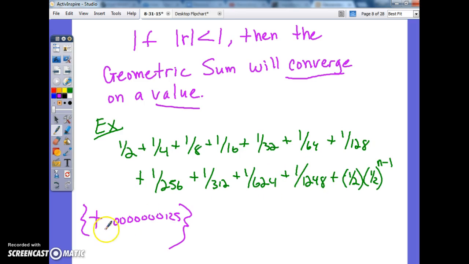Pretty soon we'll be adding a number that's 0.00000000 if we keep going to infinity as far as the number of terms. So after a while you're adding nothing. When you start adding this and you've got this many decimals, your number's not getting any bigger, and it's going to converge on a value.